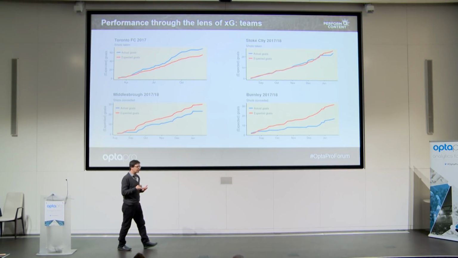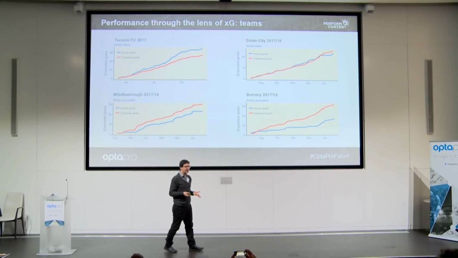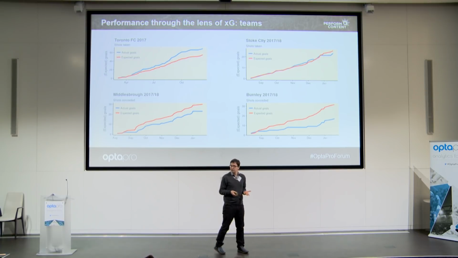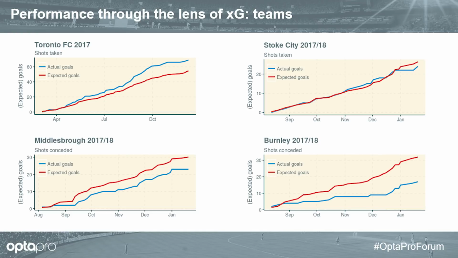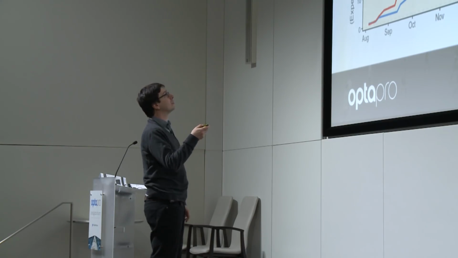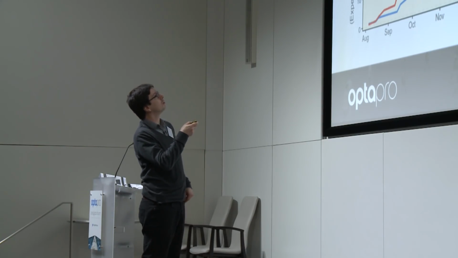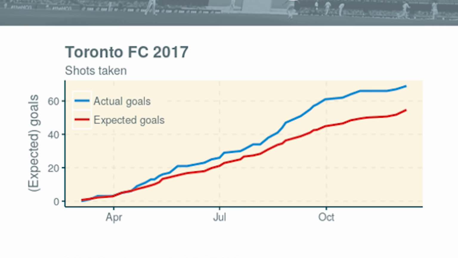But we can also look at team performance. I selected four teams, and I've plotted their performance in terms of actual goals and expected goals over the last season. And in honor of Devin, we have Toronto, who have overperformed dramatically.